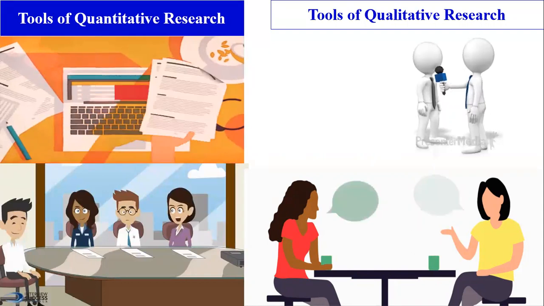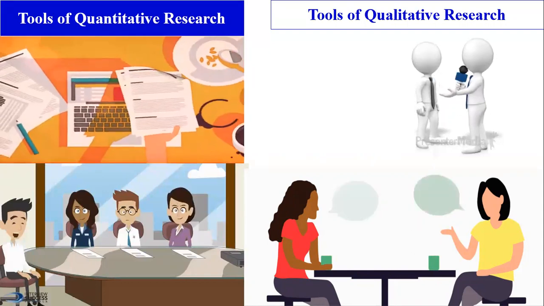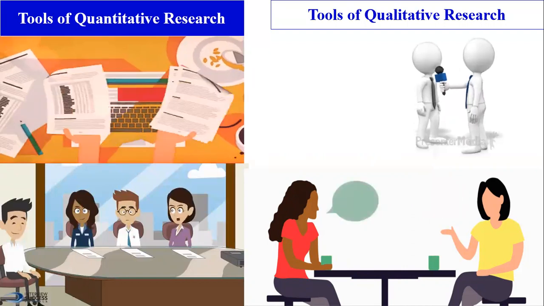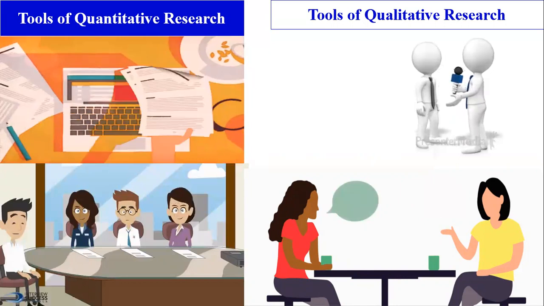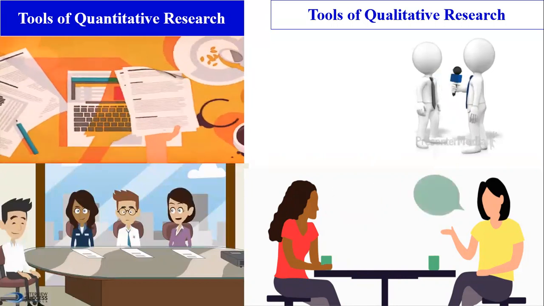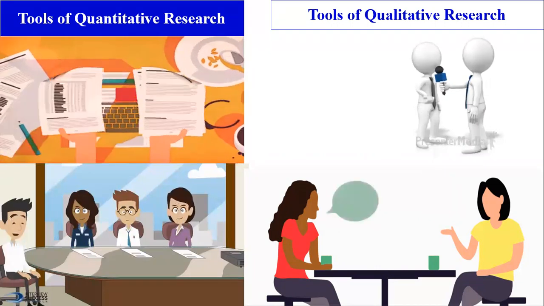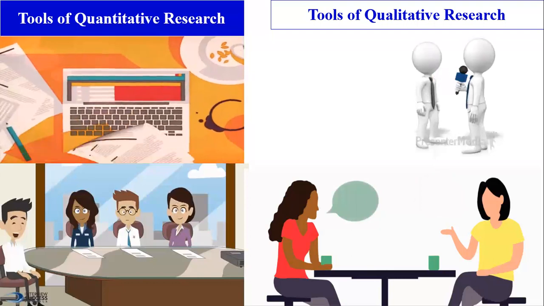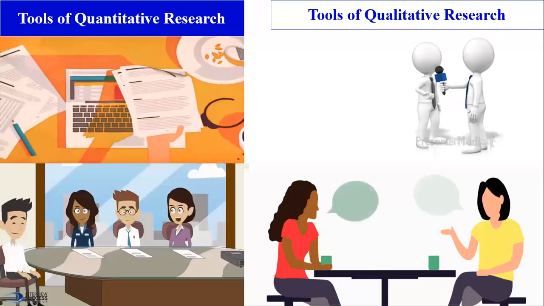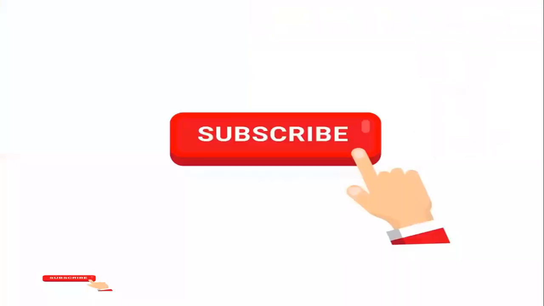But qualitative research has general interviews and general discussion. You can go for a general discussion. You tell them that you are conducting research for some paper, but you start with casual conversation so that the respondent gets comfortable with you and trusts you. That's why they give information to you. So these are the tools of qualitative research.